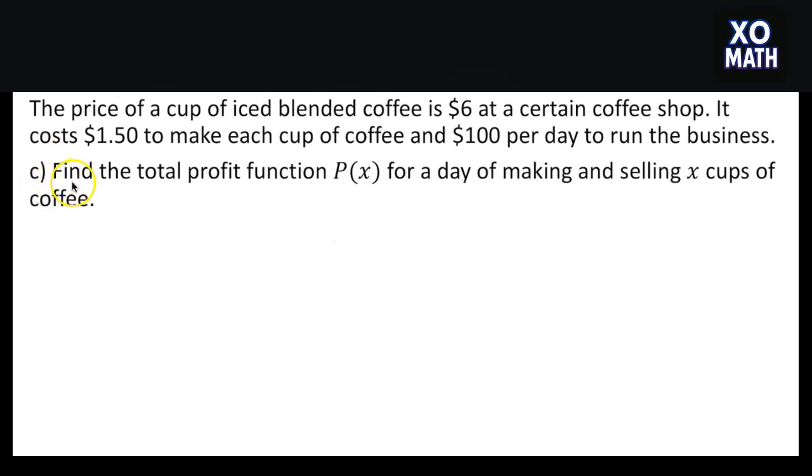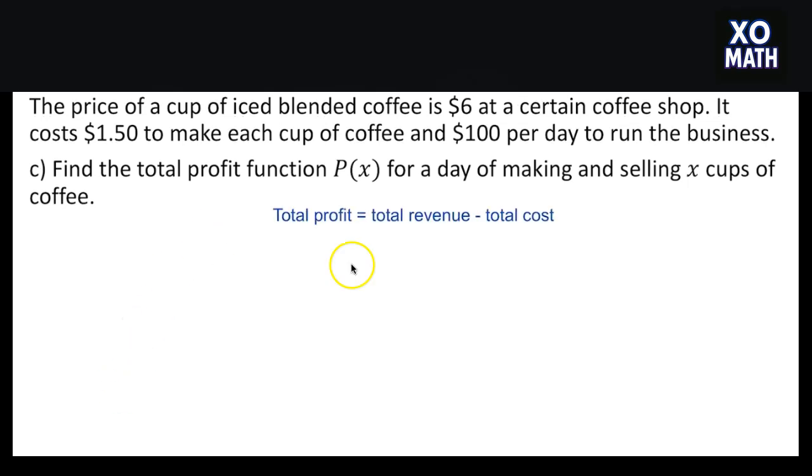For part C, we want to find the total profit function P of x for a day of making and selling x cups of coffee. Let's recall the formula for total profit. Well, total profit is equal to total revenue minus total cost. So total profit, we're going to call P of x.